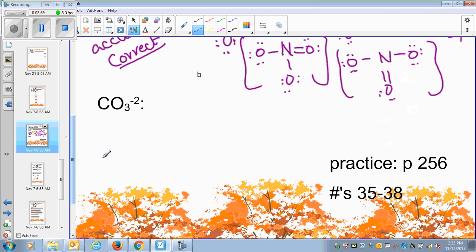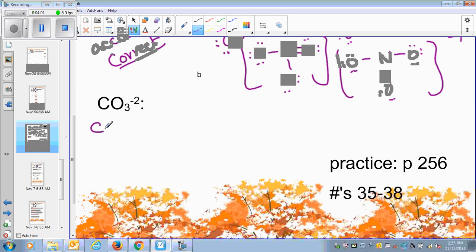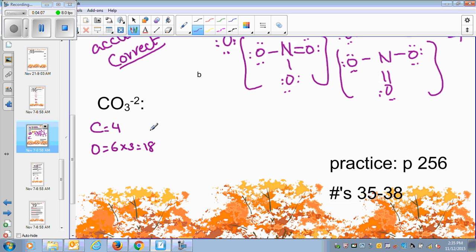So let's do another one with carbon. Carbon has 4 valence electrons, oxygen is 6, so times 3 is 18, plus 4 and 2, that gives 12 pairs again. So carbon with 3 pairs.